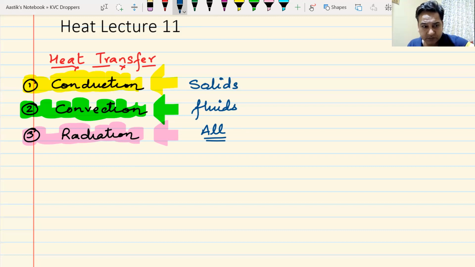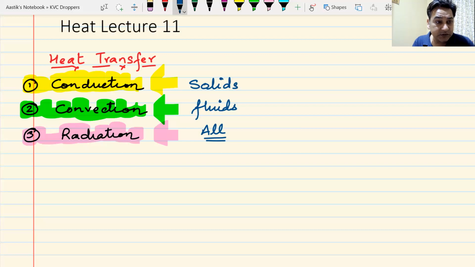After some time, that does not remain hot anymore. It has lost heat. It has given out heat. Not actually purely by convection, but the major part of it has gone out by the process of radiation. Everything radiates.